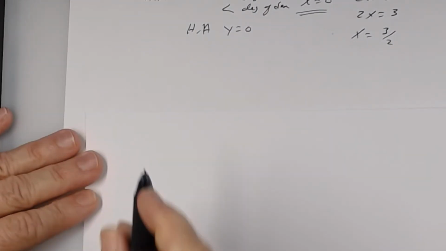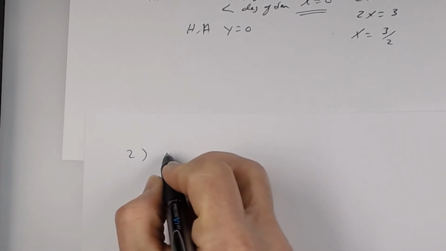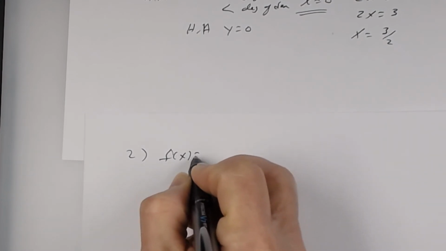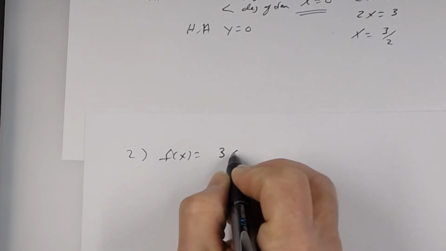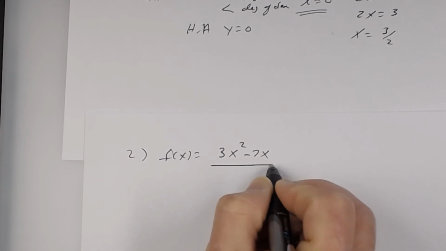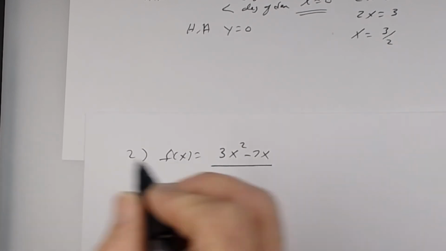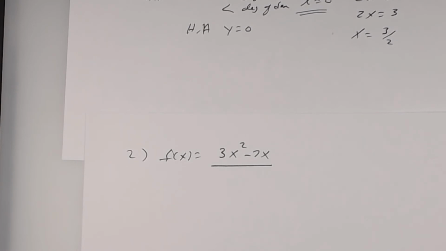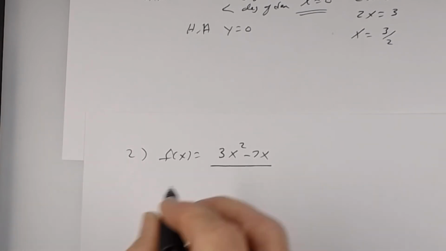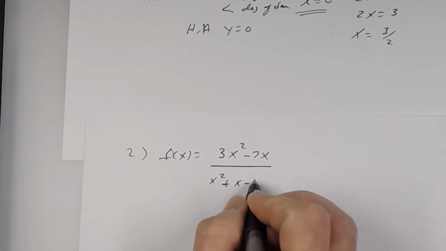Number 2. Suppose you had this. f of x equal 3x squared minus 7x divided by x squared plus x minus 12.